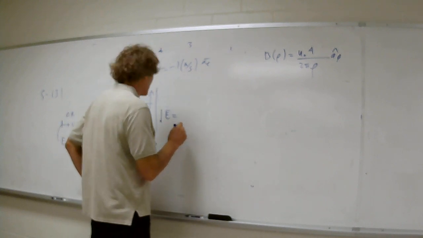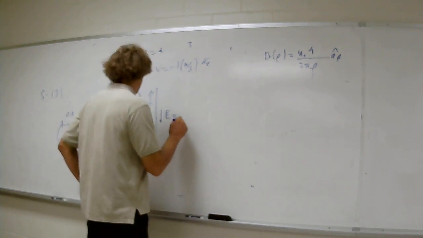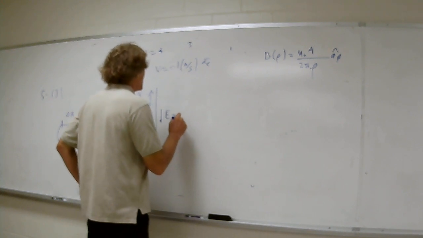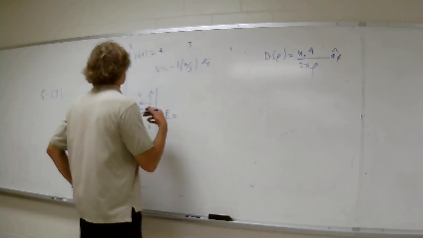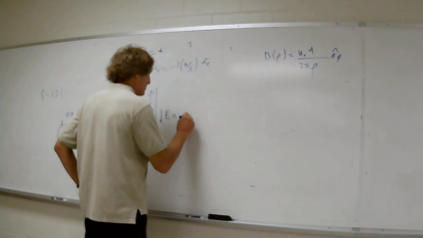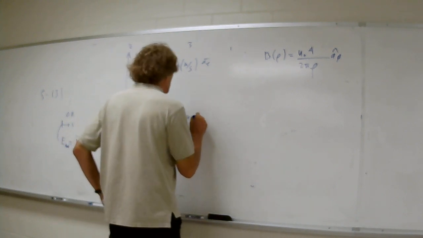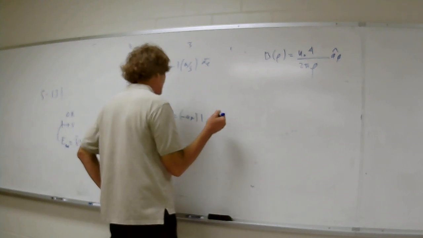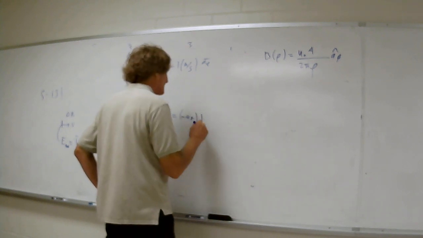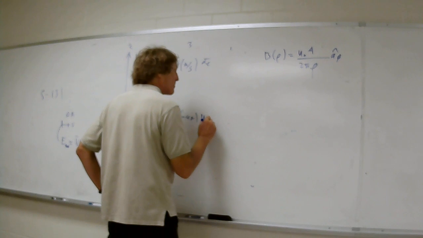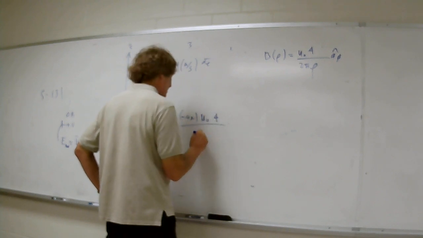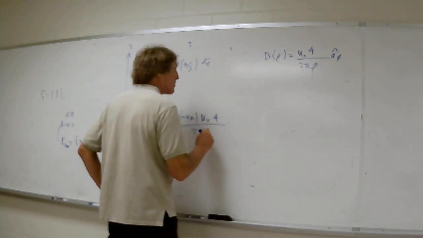The value of the electric field is V cross B, in the minus a z direction, and V is 1, so it's 1 times mu 0 times 4 over 2 pi rho.